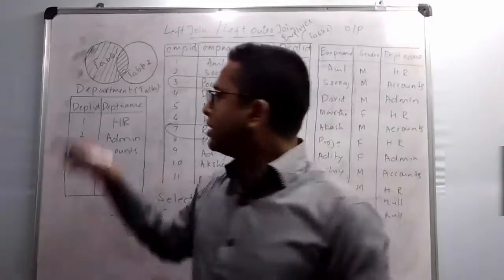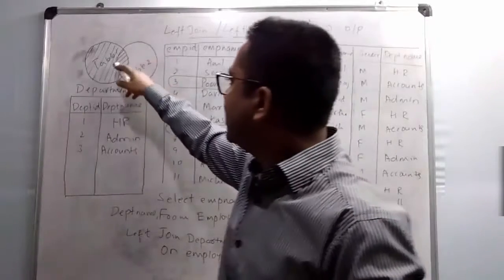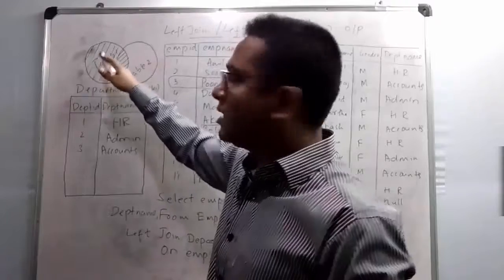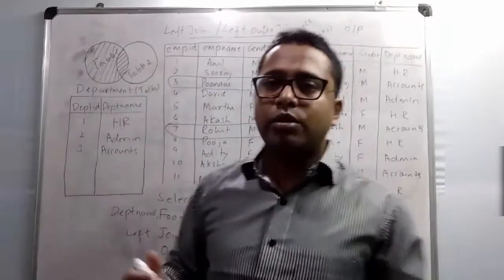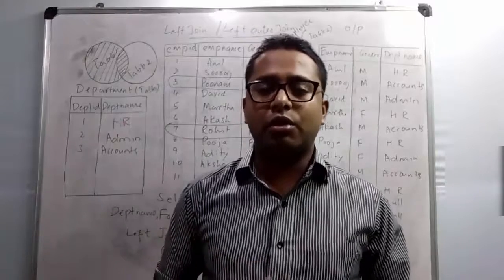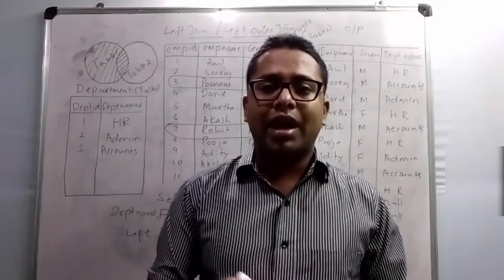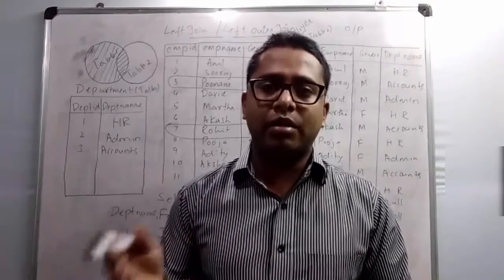This is how we can represent the left join or left outer join with this diagram. This is the left table which is the employee, and this is the right table which is the department. According to the left join or left outer join, it will return all the records from the left side table and all the matching records from the right table, which is from department.